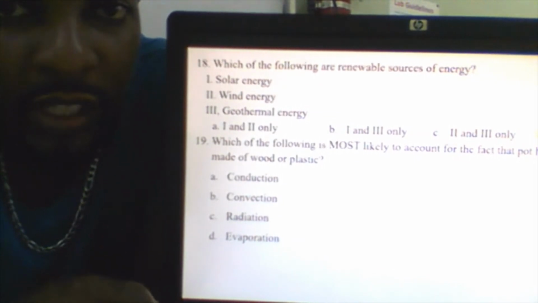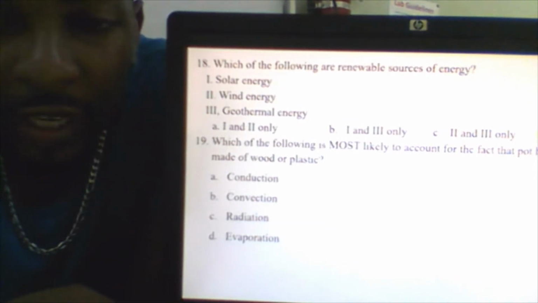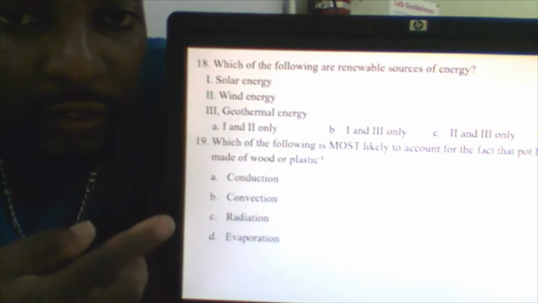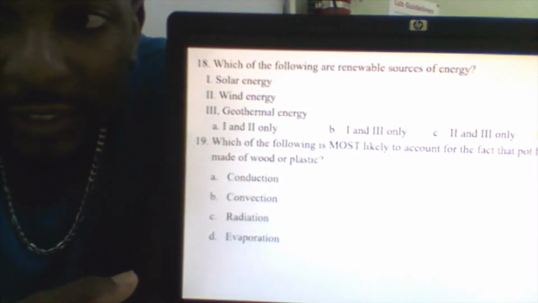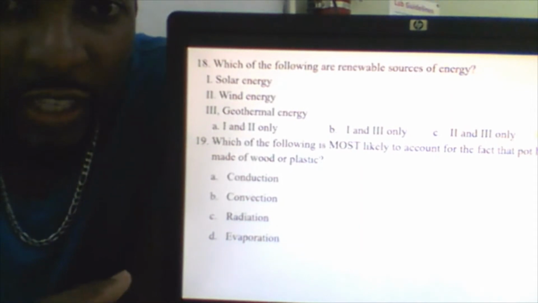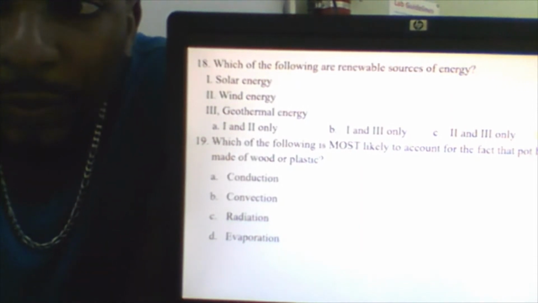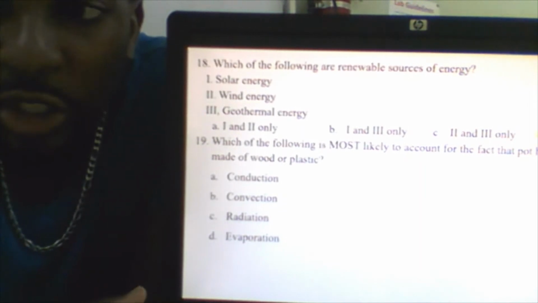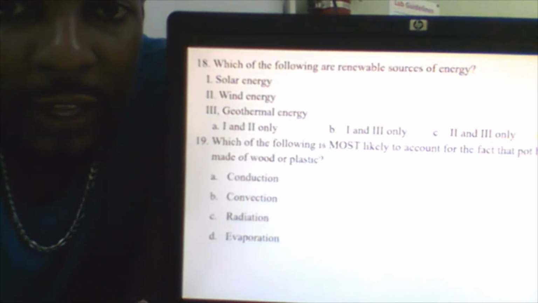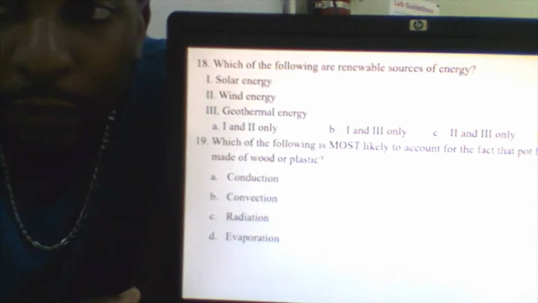Convection is the transfer of heat in fluids, meaning in liquids and gases, due to convectional currents. Good. And radiation is the transfer of heat where it doesn't need a medium per se to happen. It actually travels in waves. Evaporation in this case is the change in state from a liquid to a gas, right? And evaporation happens at any temperature.